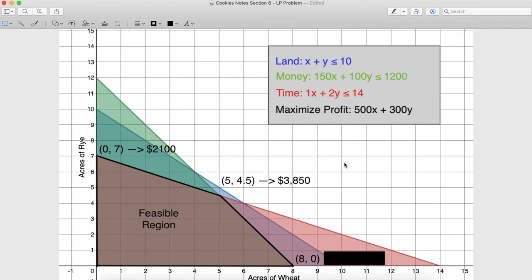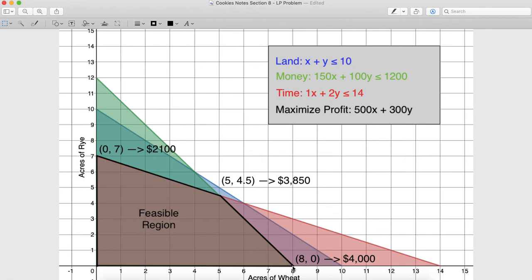And then finally, I have one more vertex that I need to test down here. If I put in 8 for x and 0 for y, I find out that Jim makes a profit of $4,000 right there. So out of my 3 possible options, you can see that our last one is the combination that's going to make Jim the most money.